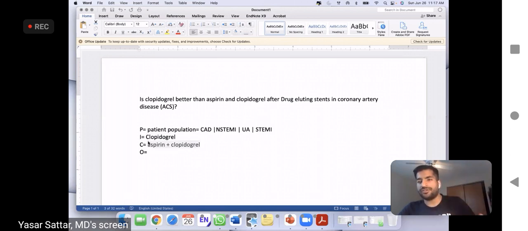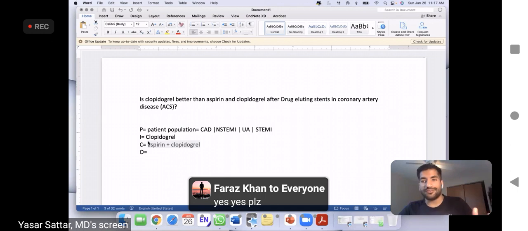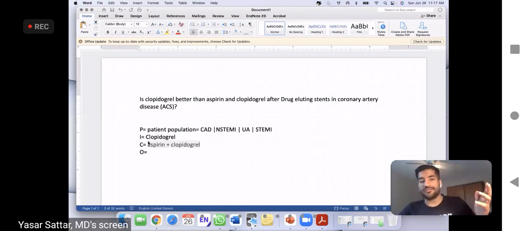Whenever anything new comes to the market through research, you need to have a gold standard comparison. You can't just say, okay, I found this stuff and not have a comparison to it. For example, when Apple Watches came to the market, you can't just say that an Apple Watch showing a 1 lead EKG is way better than a 12 lead EKG.